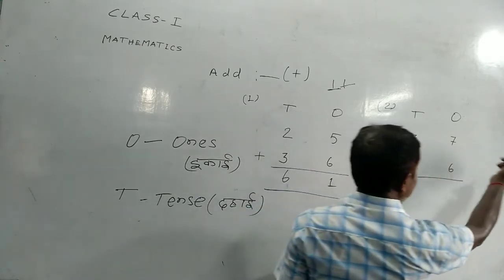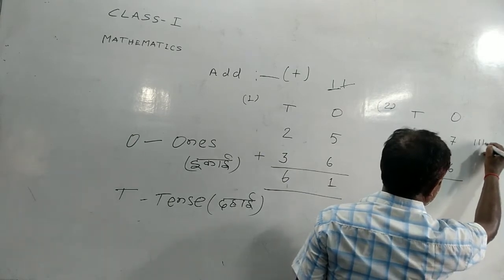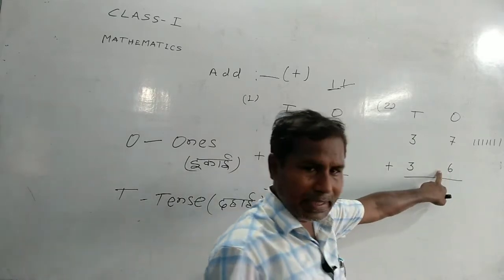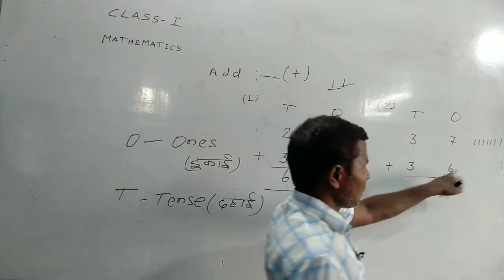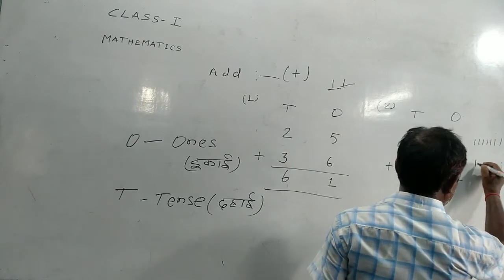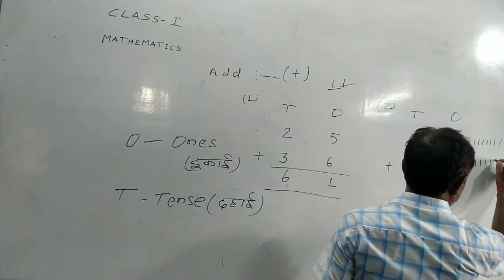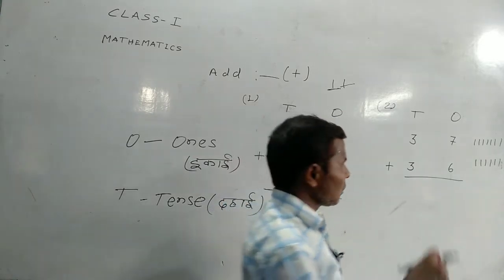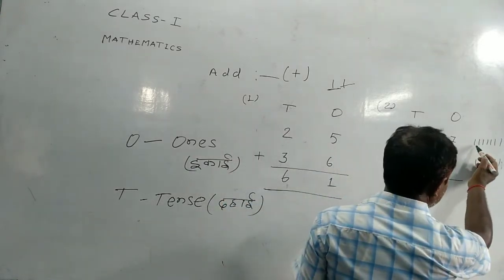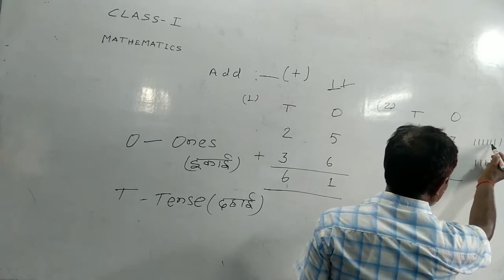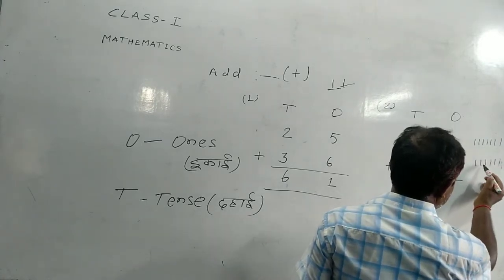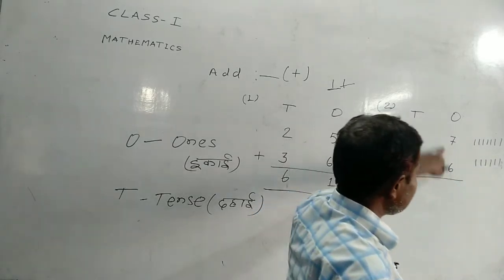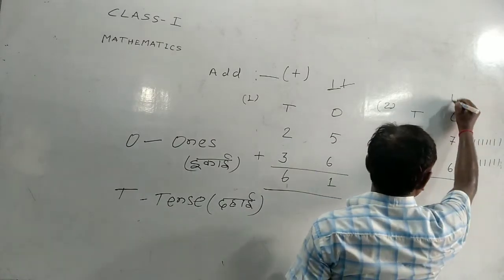Draw 7 lines here. 1, 2, 3, 4, 5, 6, 7. And here is written 6. Also draw 6 lines. 1, 2, 3, 4, 5, 6. Now count total number of lines. 1, 2, 3, 4, 5, 6, 7, 8, 9, 10, 11, 12, 13. The sum of 7 and 6 is 13.